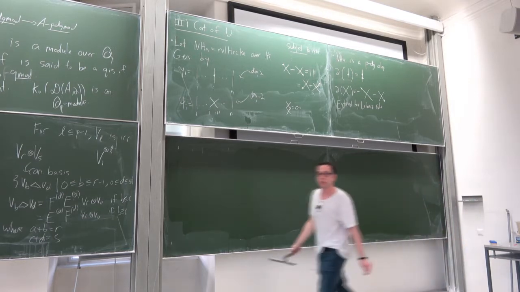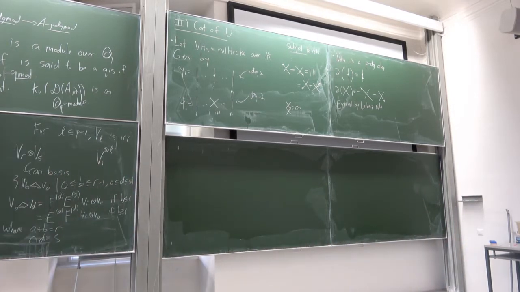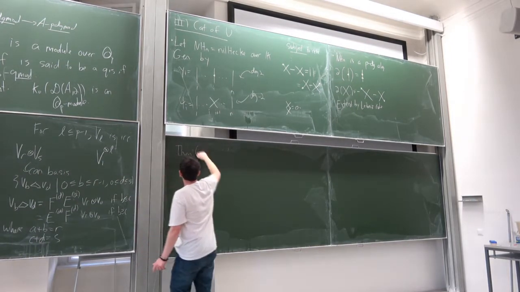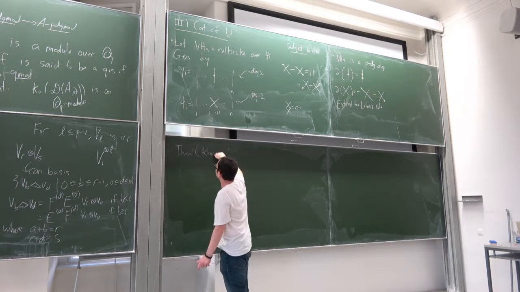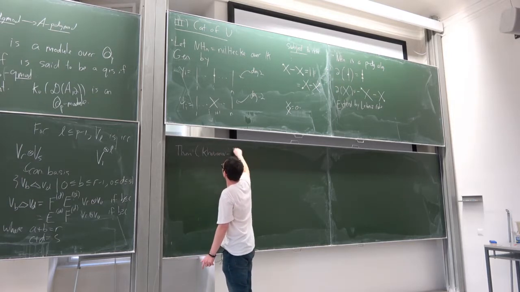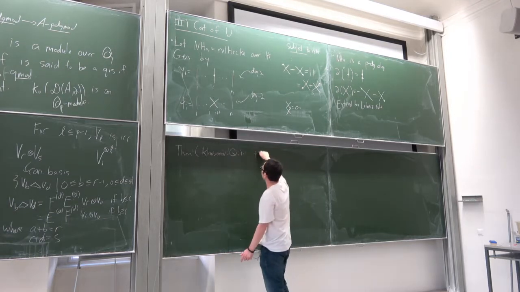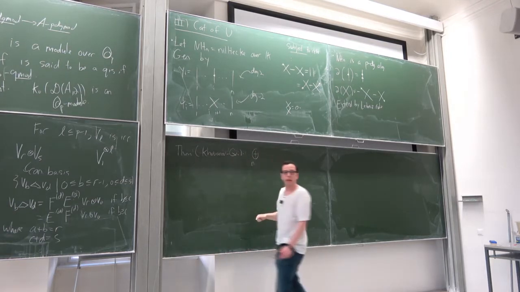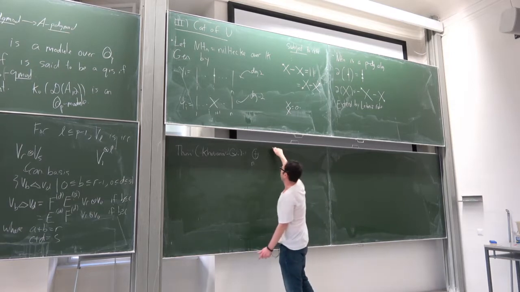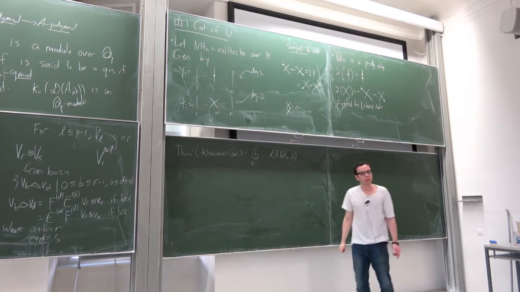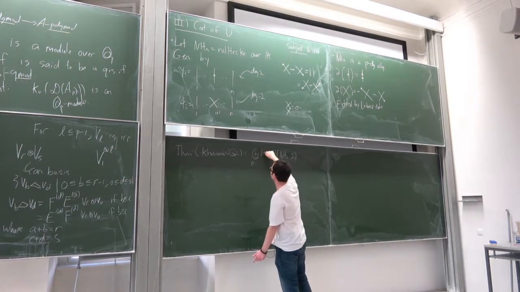But now we have this theorem of Khovanov-Qi from a few years ago. So we look at the sum over all n of the derived category of these nil-Hecke algebras, and we consider the Grothendieck group.